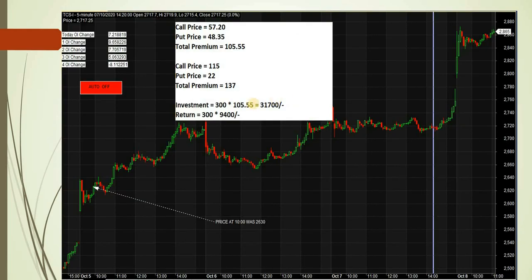Now here is one more example. I have selected 7th of October here, and if we see these figures, on 2 OI change we get a figure of 7.7%, and on 3 OI change we get a figure of 5%.